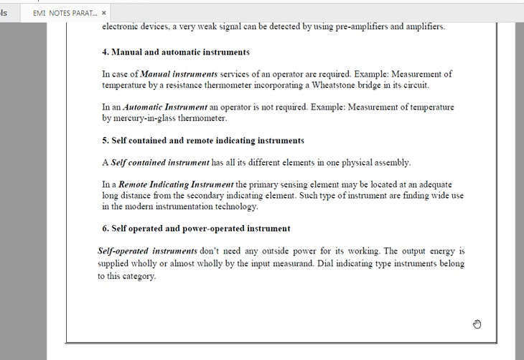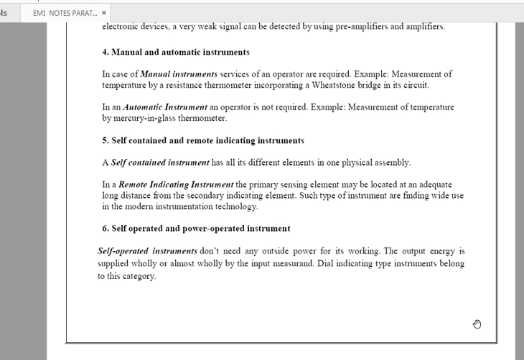That is known as a self-operated instrument. The output energy is supplied fully or almost wholly by the input measured quantity. Dial indicating type instruments belong to this category.